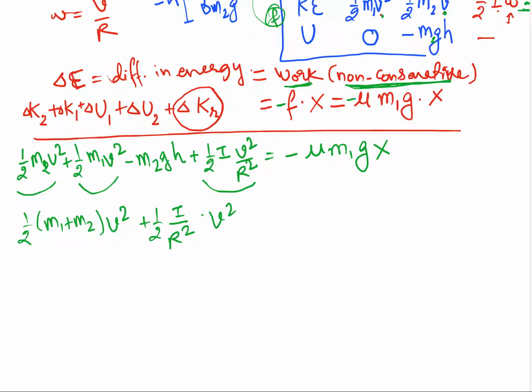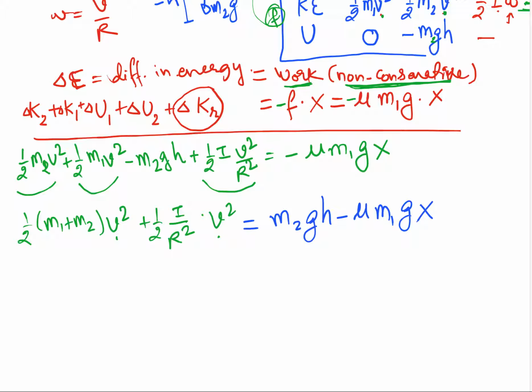I'm just writing it nicely so that I have the v squares nicely aligned. This minus m2 g h, I don't need that part on the left hand side, so I'm going to move that to the other side, and that gives me m2 g h minus mu m1 g x.